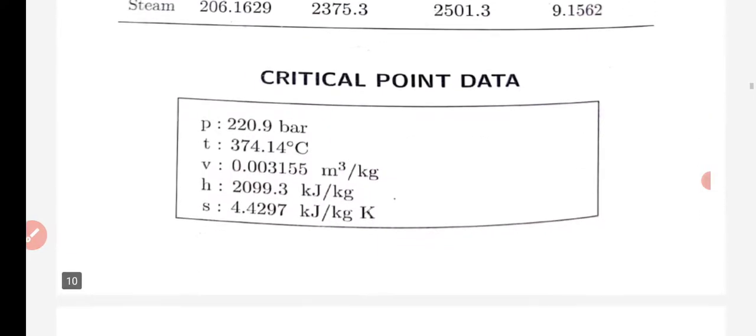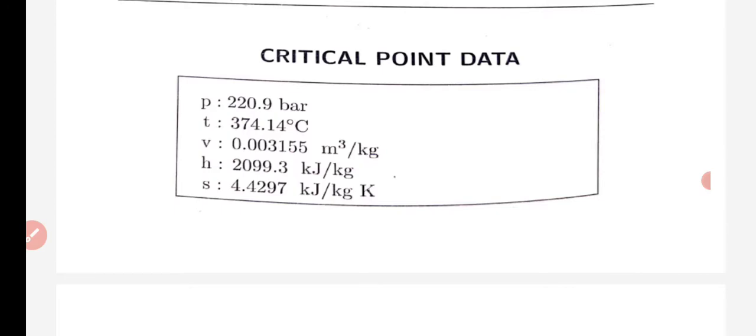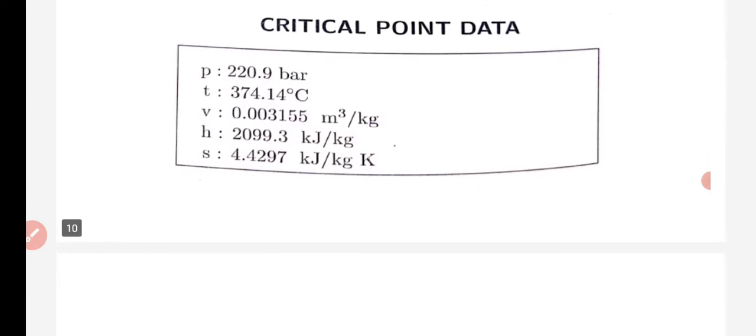Now for water, what are the properties at the critical point? The pressure is 220 bar, you can say 221 bar pressure. Temperature is 374 degrees centigrade. And the specific volume is 0.003155 meter cube per kg.